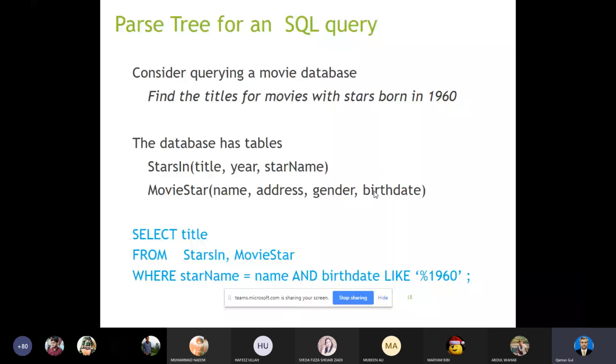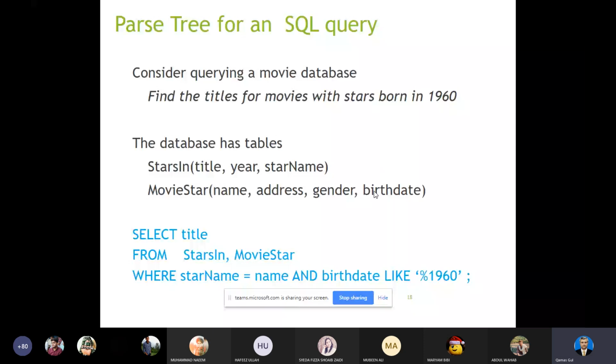Title means the name of the movie. Select title from stars in. Stars in is the first table, comma, movie star. This is the second table, where star name equals name and birth date like percent 1960.